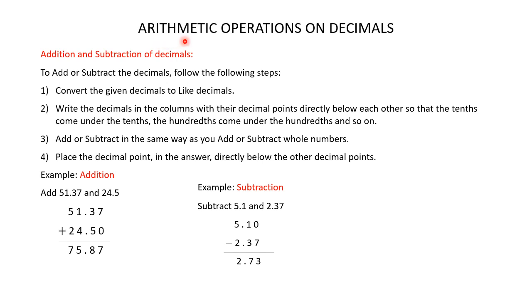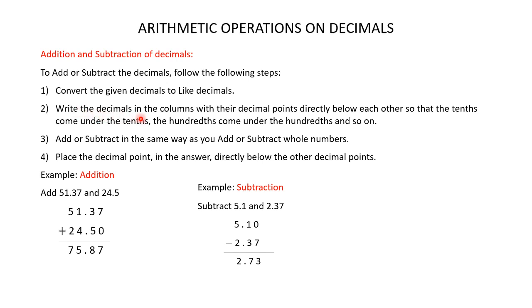Let's learn about the arithmetic operations on decimals. First, we'll learn about addition and subtraction of decimals. To add or subtract decimals, you have to follow these steps. First, convert the given decimals to like decimals.